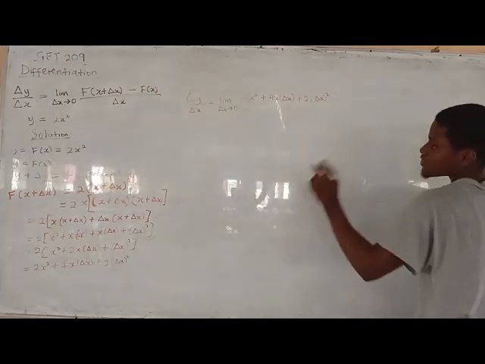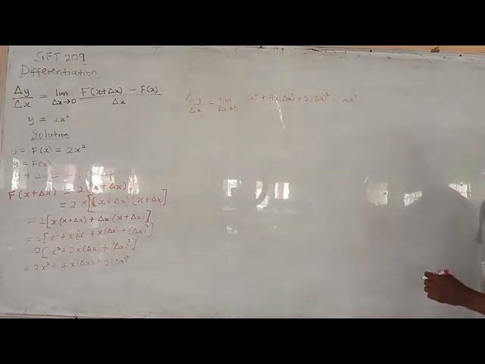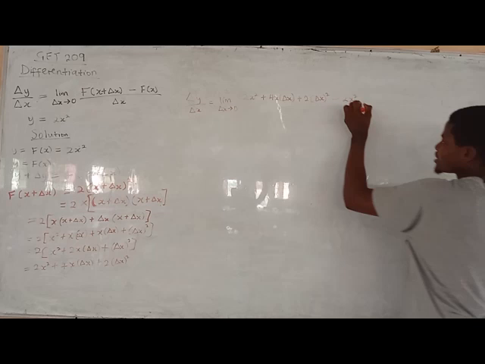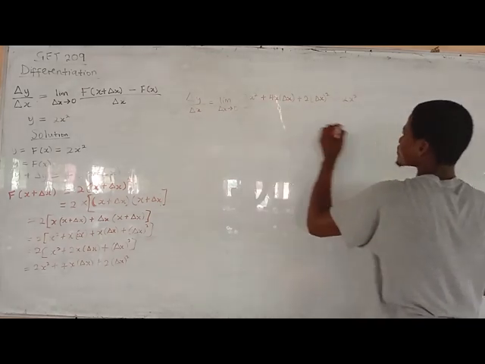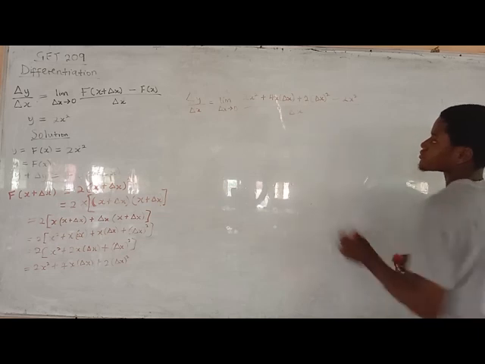Minus what? f of x is what? 2x square. Don't ask is it, just say it is. If it is not, we will correct ourselves. Change in x still remains change in x.